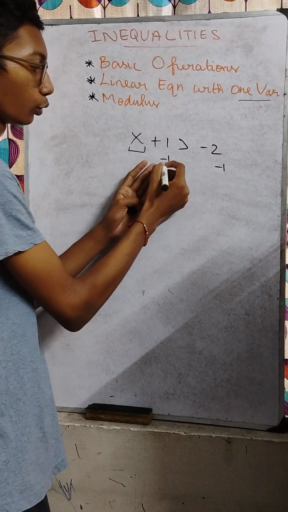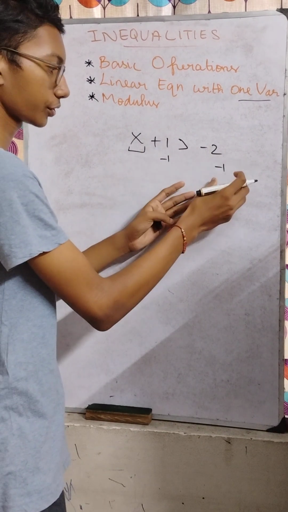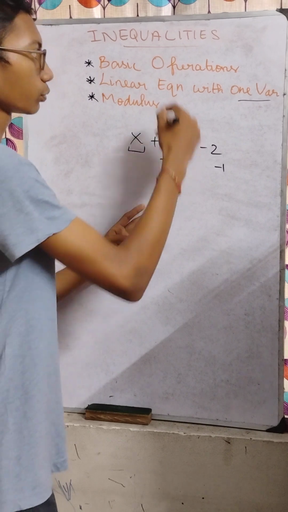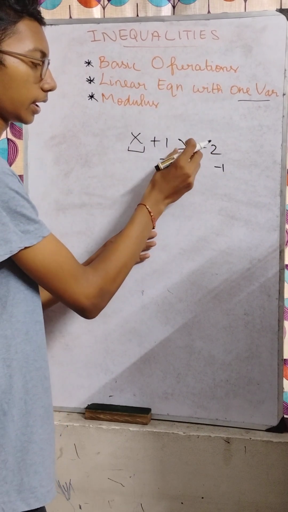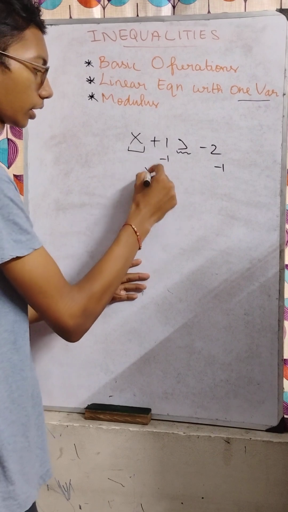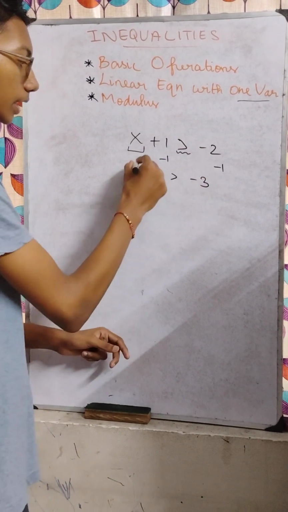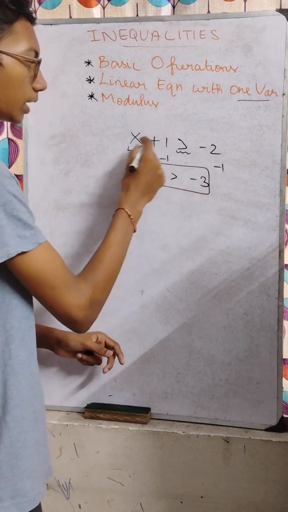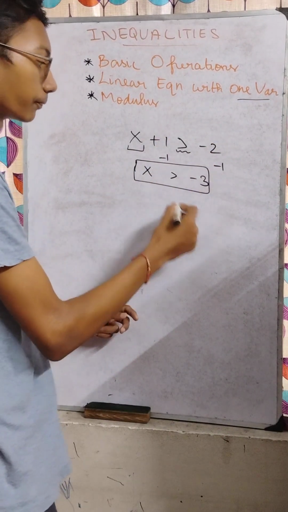So if we subtract 1 on both sides, as we saw in basic operations, the inequality won't change. So here we have x is greater than minus 3. So the answer for x plus 1 greater than minus 2 is x is greater than minus 3.